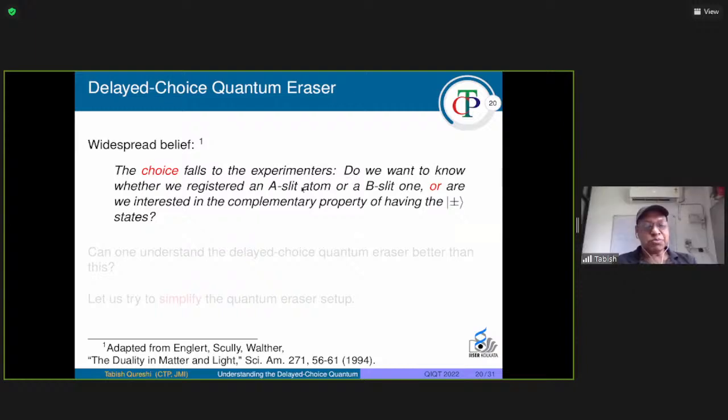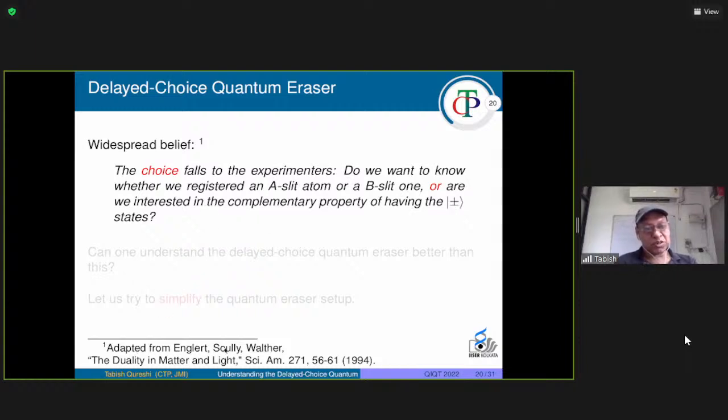So now there is a widespread belief, basically due to Englert, Curry and Walther. At one time, I think in the mid-90s, there was a huge debate in the American Journal of Physics where this issue was discussed. And this widespread belief says that the choice falls to the experimenter, whether we want to know if we registered an A slit atom or a B slit atom, or are we interested in the complementary property of having plus minus states?